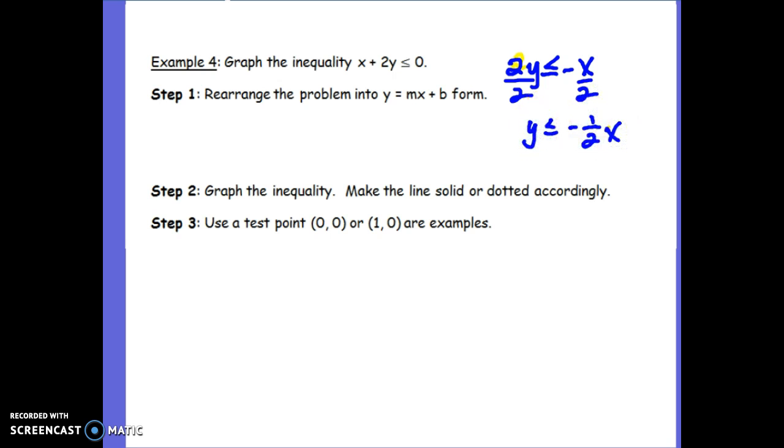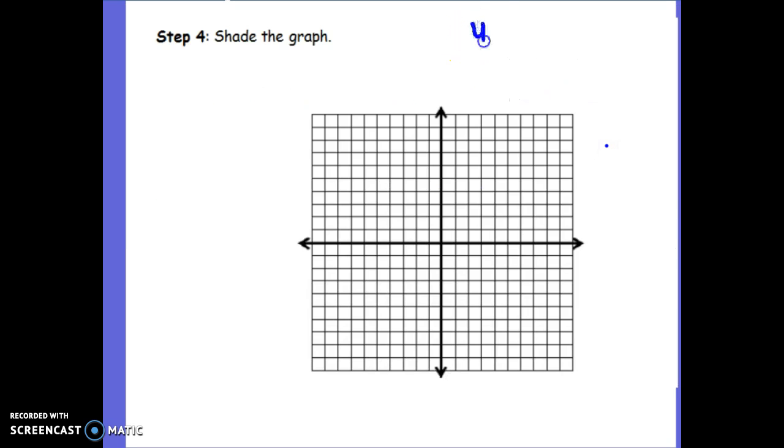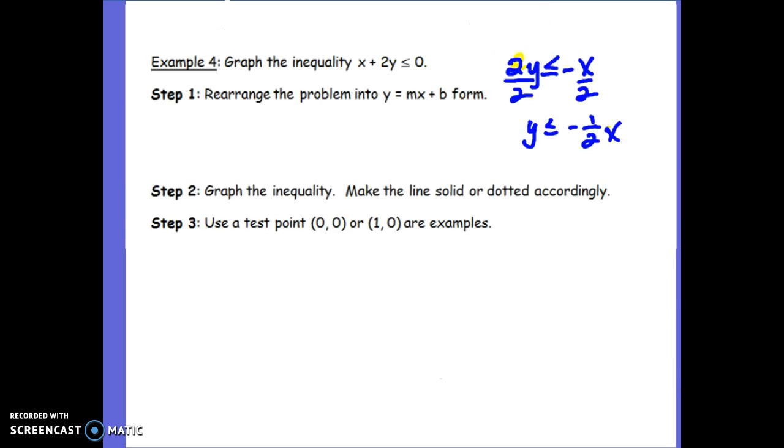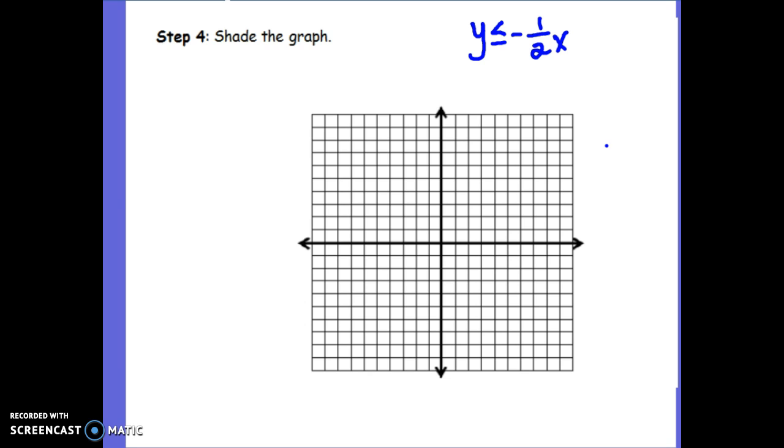So we want to graph the inequality, and then make the line dotted or solid accordingly. So y is less than or equal to negative 1/2 x. Well, first off, the y-intercept is 0. And then our slope is negative 1/2.